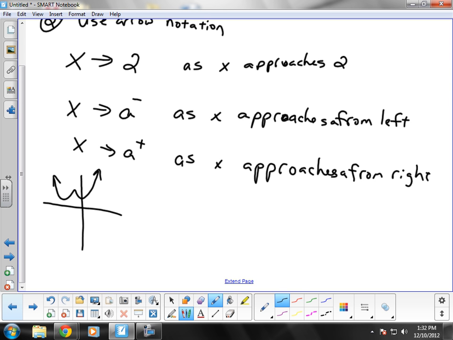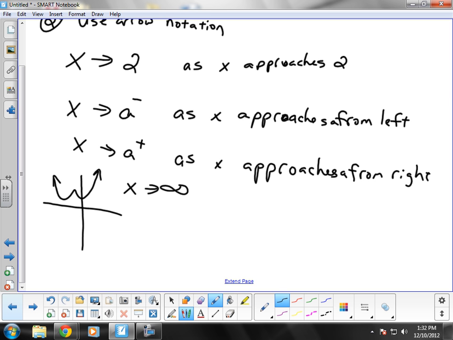Anyway, so if I wanted to talk about this using arrow notation, then instead of saying rising to the right, the correct mathematical way of saying that is as x approaches a positive infinity.